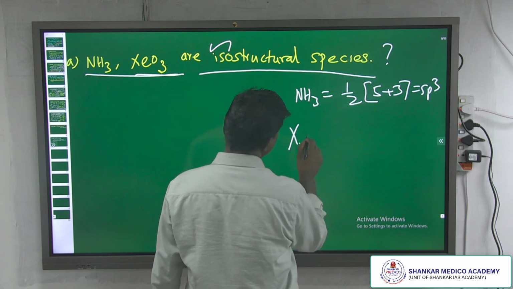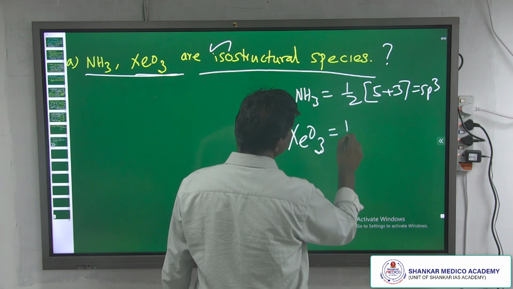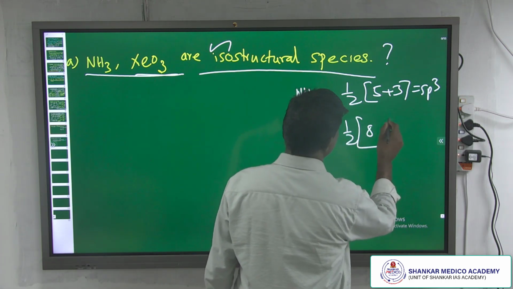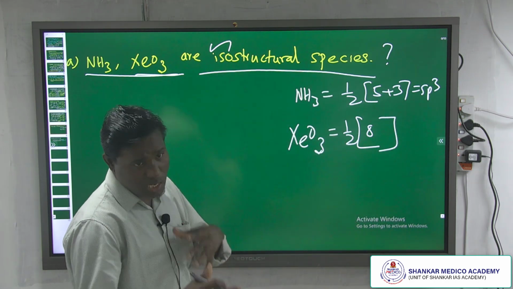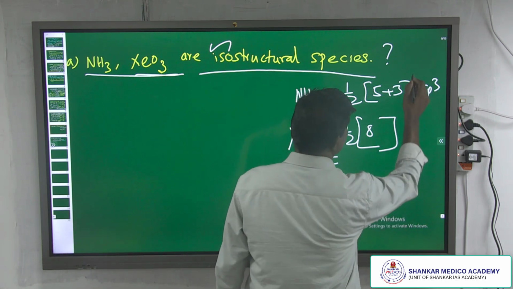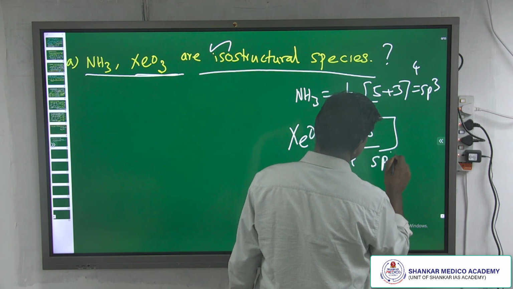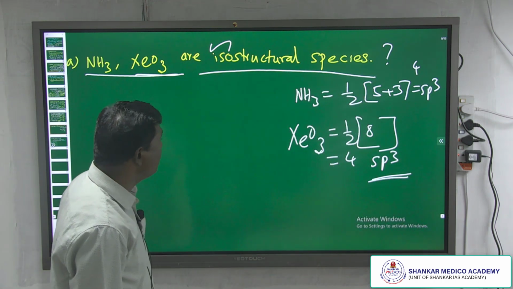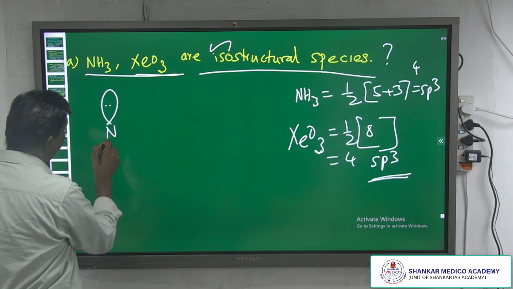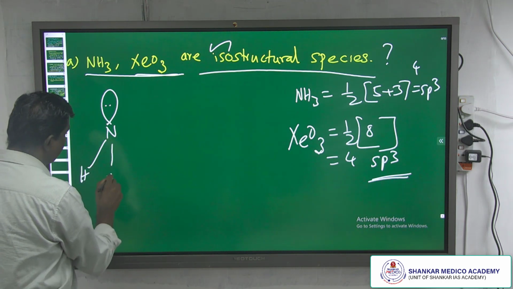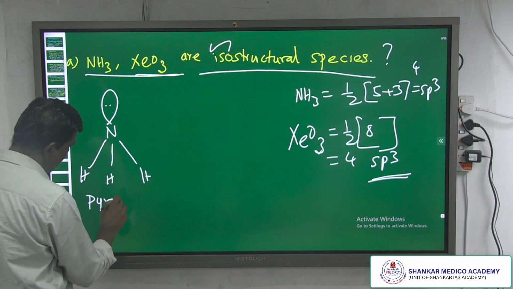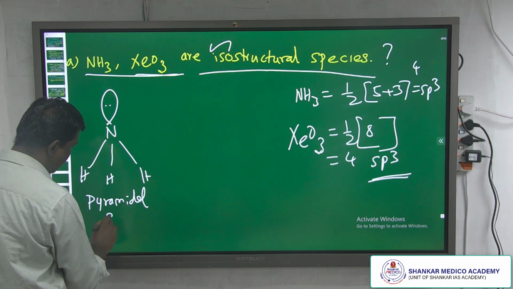Xenon, hybridization of xenon trioxide. Xenon being in the inert gas, it has 8 electrons in the outermost shell, and it is a neutral molecule, and oxygen valence is 2, but we should not get into that spot. Then this is also 4, of course this is also sp3. And you can see here, this is the ammonia structure, 1 lone pair of electron and 3 bond pair of electron. It is well positioned as a pyramidal shape, sp3.